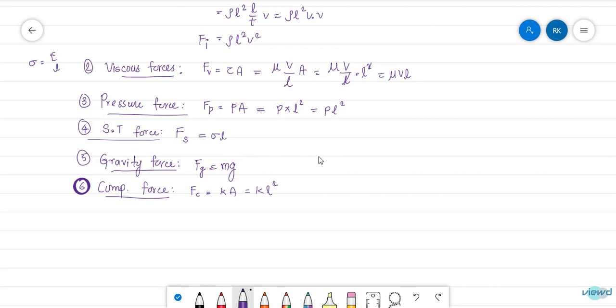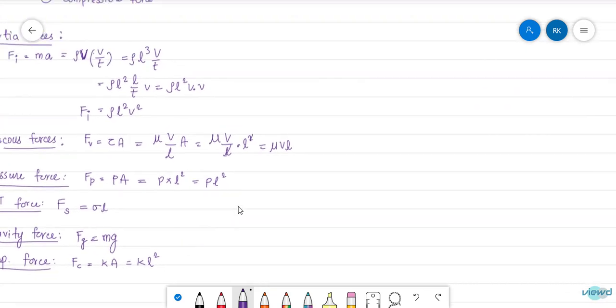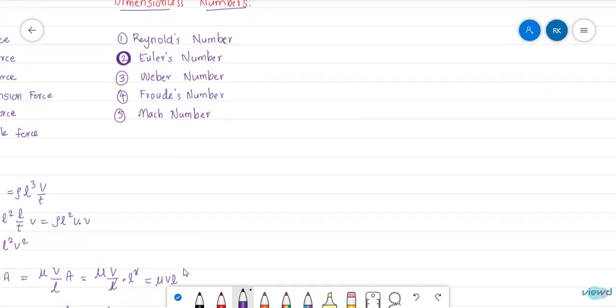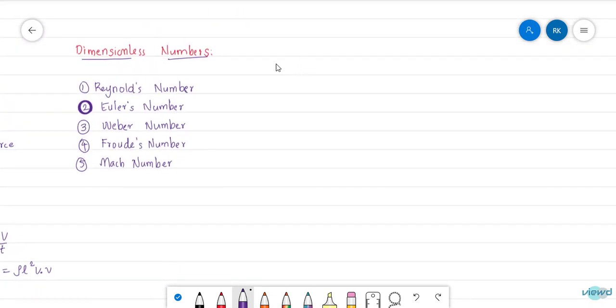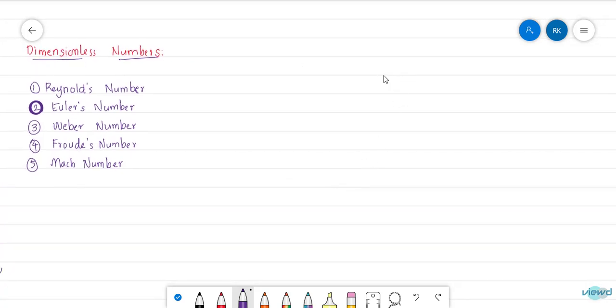Now, what are these dimensionless numbers? First let us see Reynolds number. By equating these numbers of model and prototype, we will be getting the desired quantity.